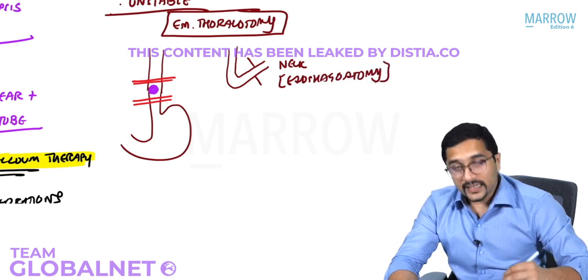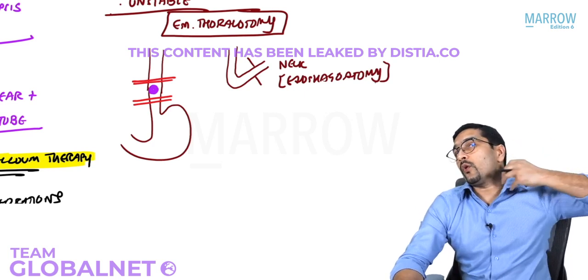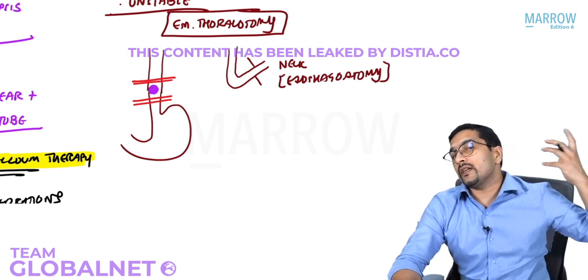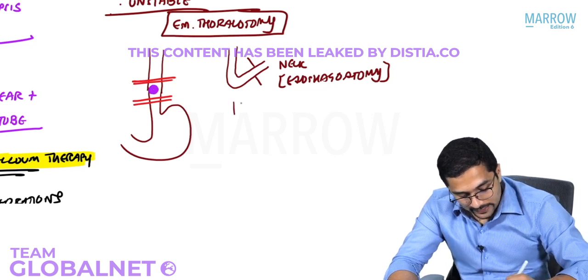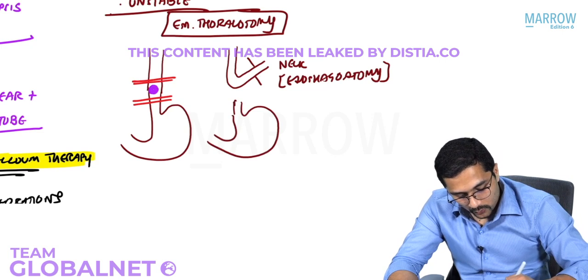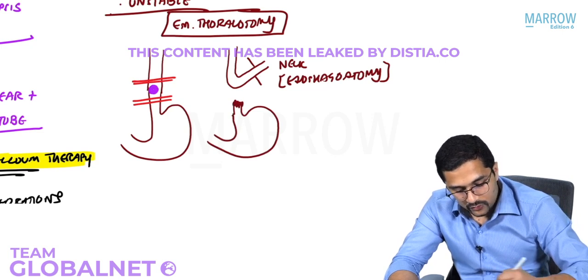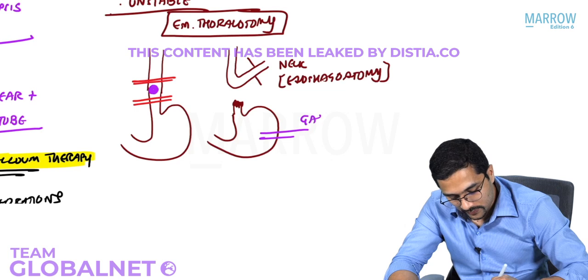So all the secretions, all the saliva, are going to come out through this opening in the neck. The distal end we close, and for nutrition we carry out a gastrostomy.